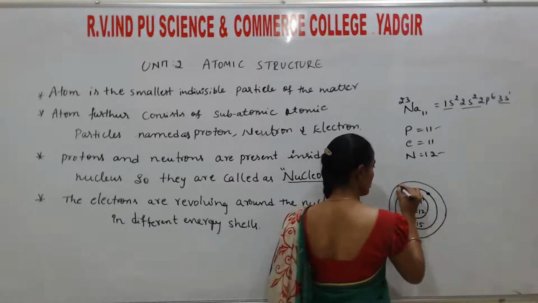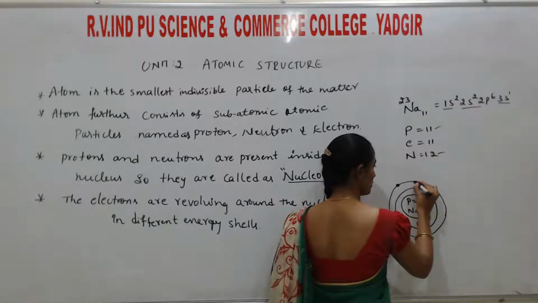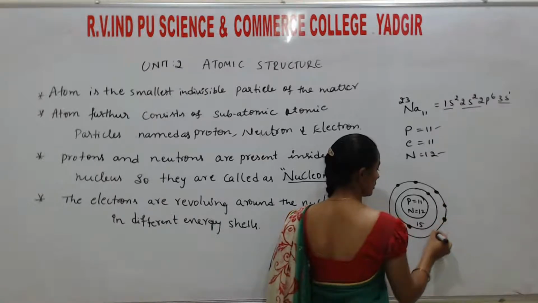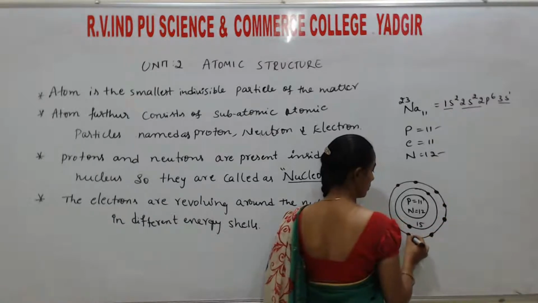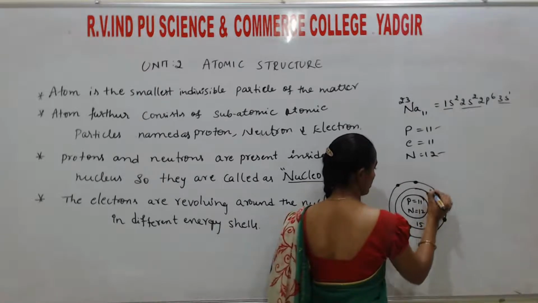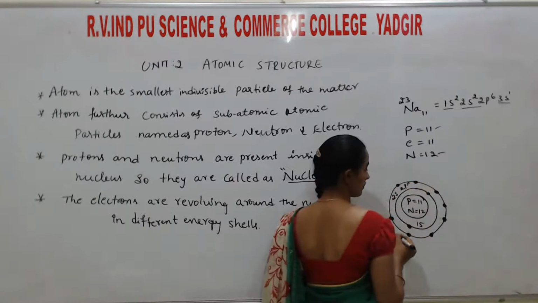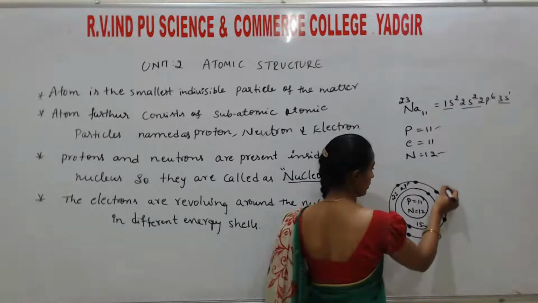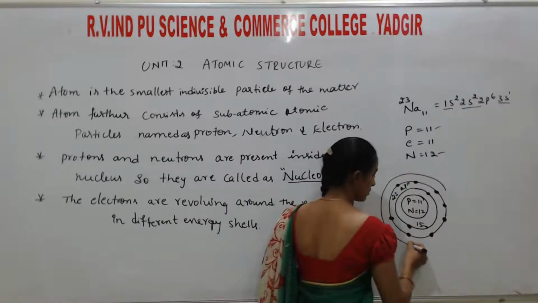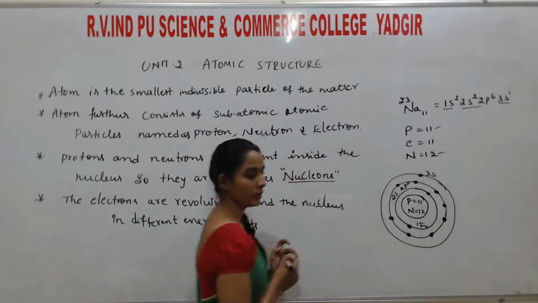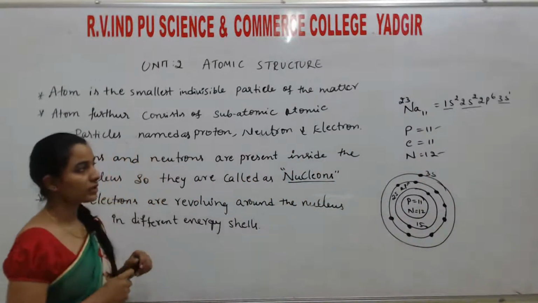Next this one, 2s and 2p orbital. This is the 1s orbital, and this one is the 3s orbital. Okay, this is a typical structure of what?